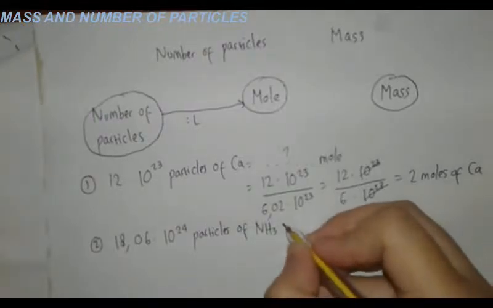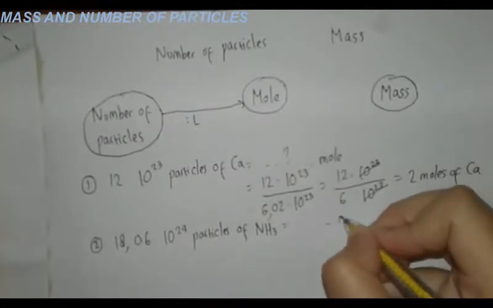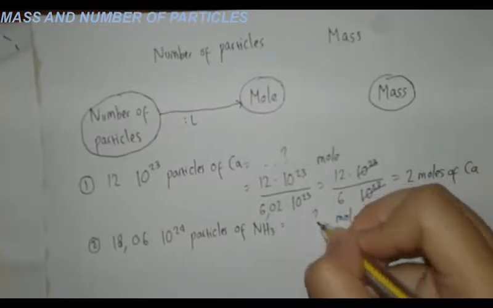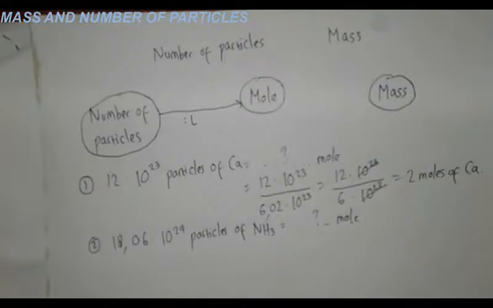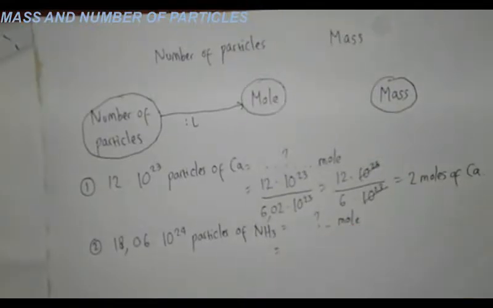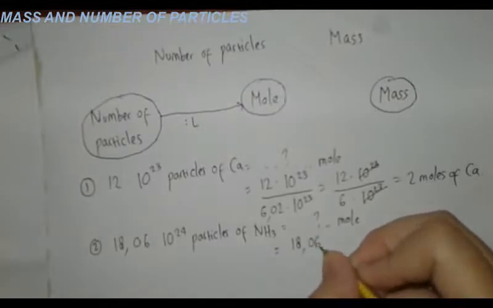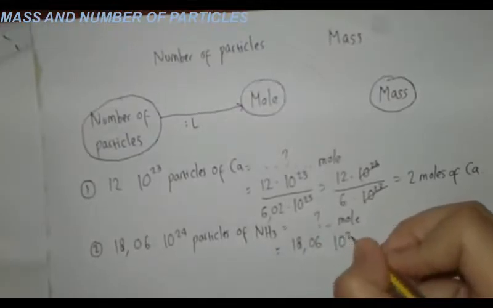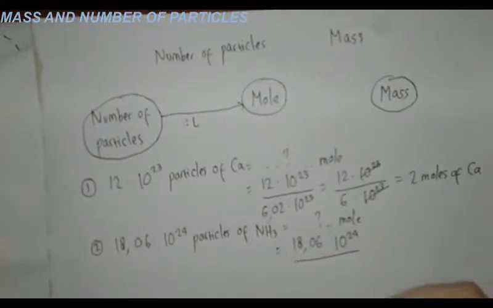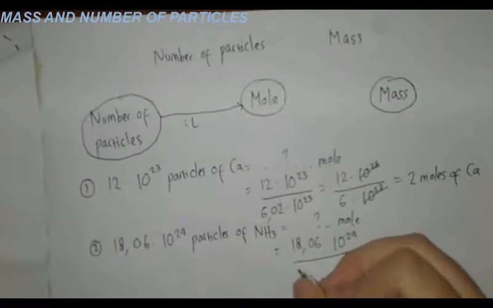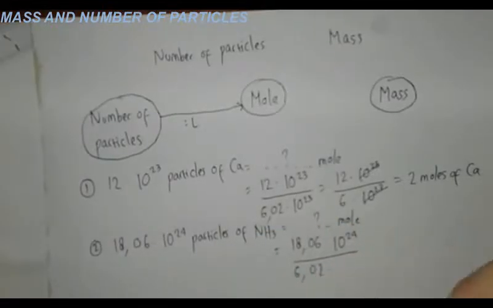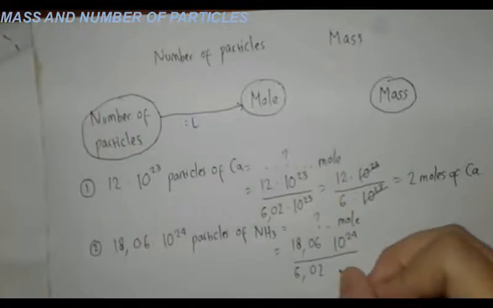So we ask: how many moles of nitrogen trihydrate? It's just the same. 18.06 multiplied by 10 to the power of 24 is divided by the number of Avogadro, 6.02 multiplied by 10 to the power of 23.